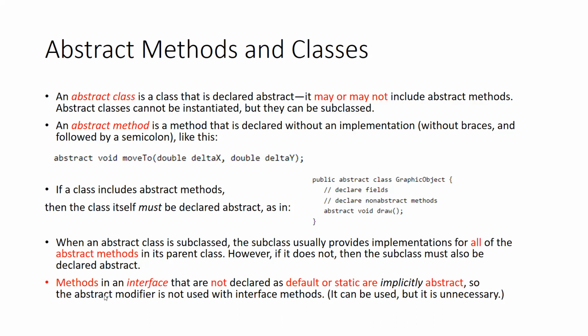By default, all methods in an interface are implicitly abstract. If a method is not static and not a default method, implicitly it will be abstract as well.